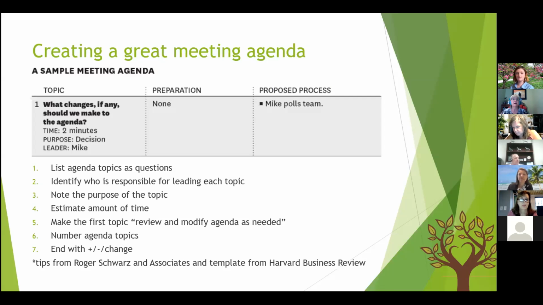The other thing that you want to do is identify who is responsible for that topic of discussion. It is not always going to be the board chair. It could be somebody else. It could be a committee member. It could be somebody from the outside that you bring in who's a specific expert on a topic and you're wanting to share out that information. It's very often that the person leading that particular agenda item is different than the board chair.